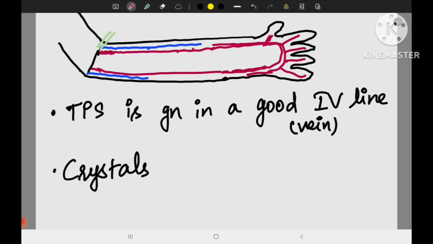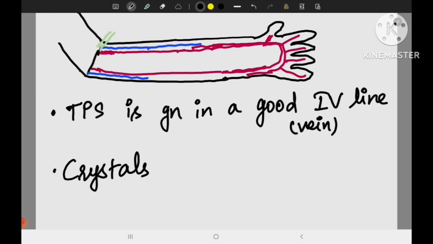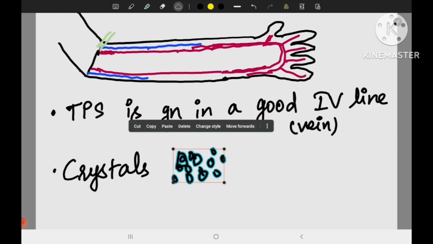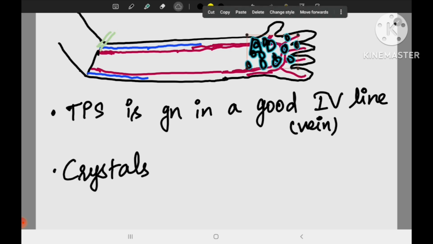So what will actually happen is, this thiopentane sodium is able to form crystals, right? As I said, they can form crystals. I've drawn them a little bit big, but when these crystals enter this circulation, what will happen? The blood flow will become stopped.